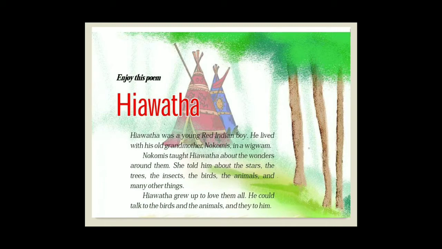His grandmother Nokomis taught him about the wonders around them. She told him about the stars, the trees, the insects, the birds, the animals, and many other things. Hiawatha grew up to love them all. He could talk to the birds and the animals, and they to him.